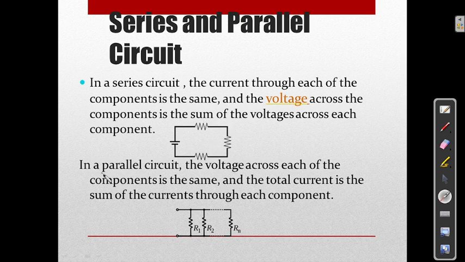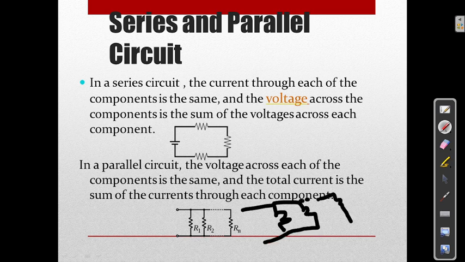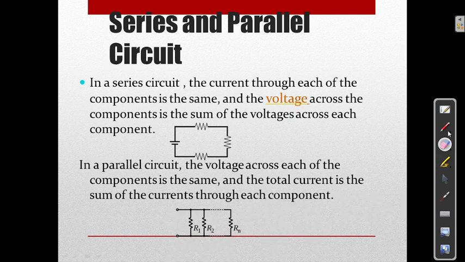Then the parallel circuit. In the parallel circuit you will see the connections, resistance 1, resistance 2, and so on, resistance n. These resistors are in parallel connection with each other.